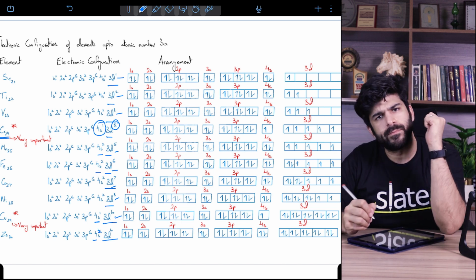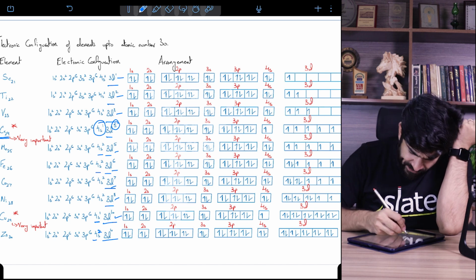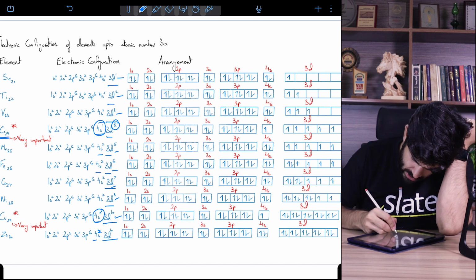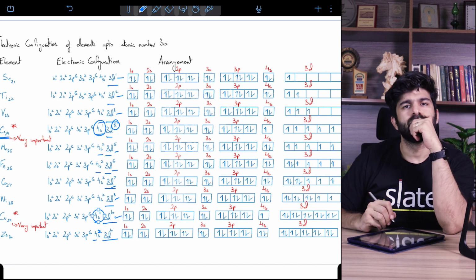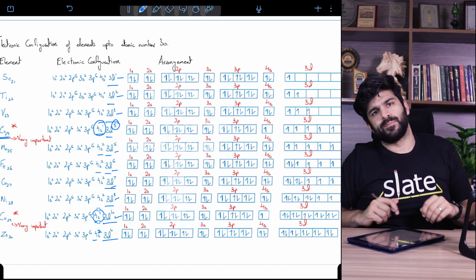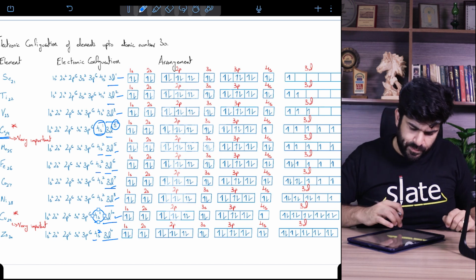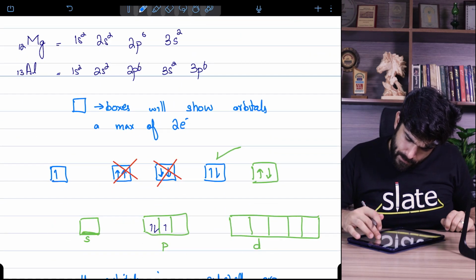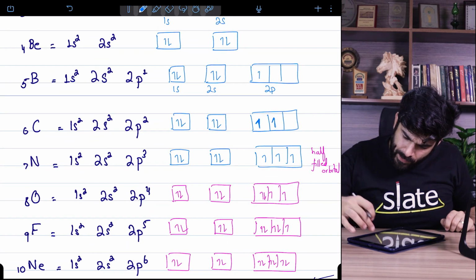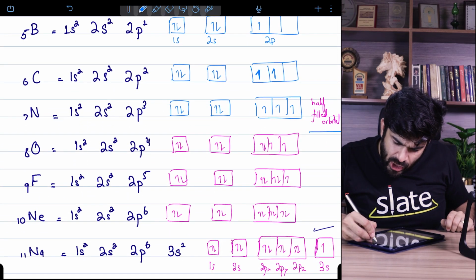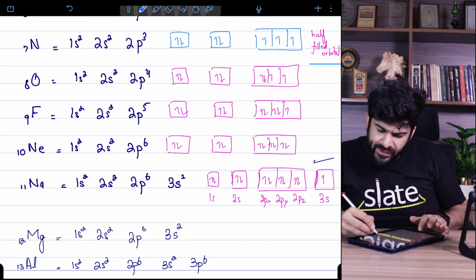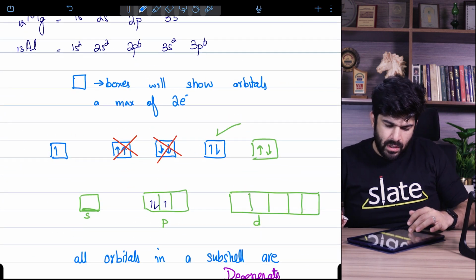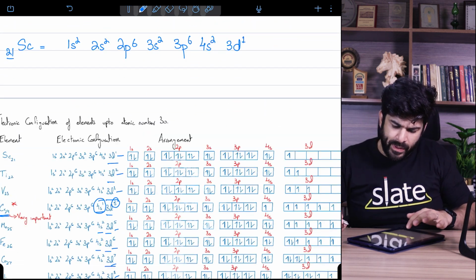What is happening here? Why do we have s1 here and s1 here? What is the idea behind it? There are 2 ideas. One, remember, we talked about this being a half-filled orbital. And obviously we know fully filled is stable. Now we have 3 different types of orbitals.